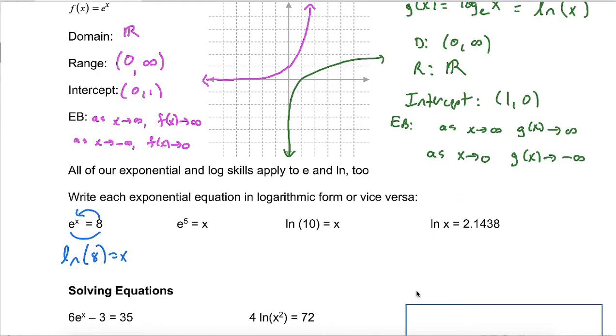It doesn't matter which side the x is on. It's not like the x always has to be inside the log. I'm just taking an equation and reworking it. Or e to the fifth equals x means log base e of x. So ln of x is equal to 5.